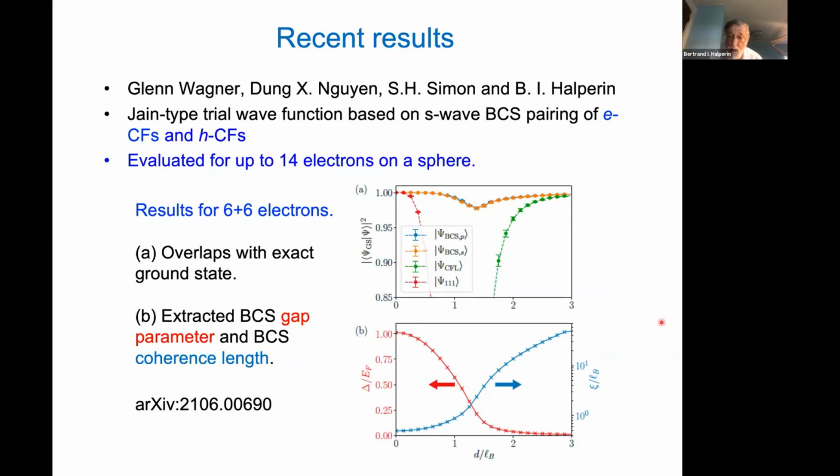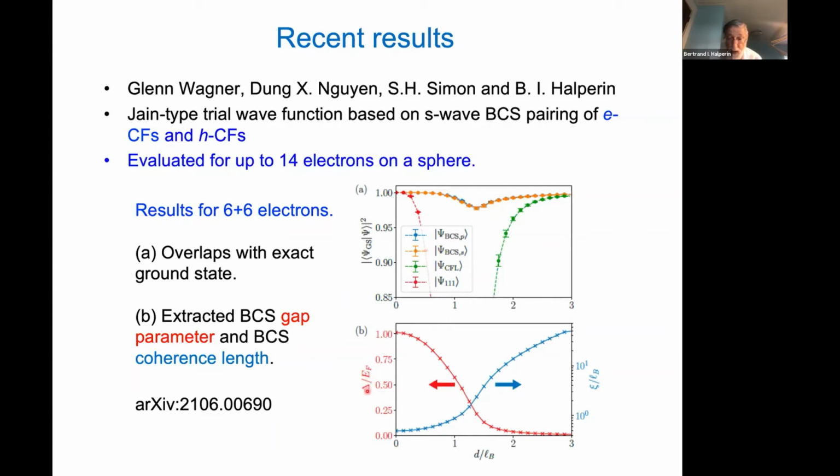And now you can say, well, we've fit this to some kind of BCS-like state. Let's try to extract from it the BCS gap parameter, and we could look at the correlation length. And again, this is from the fit for 6 electrons, 12 electrons on a sphere.